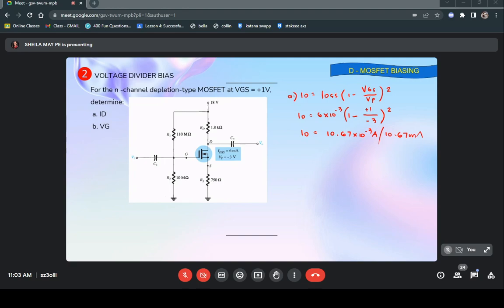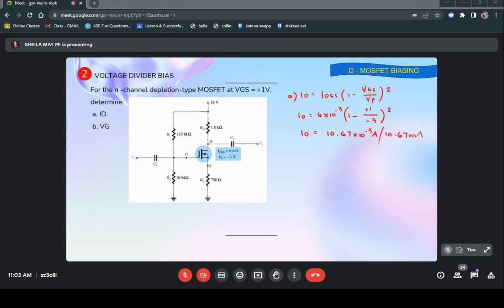That is ID. Next, we need to find VG. VG for voltage divider bias is R2 times VDD over R1 plus R2. So R2 is 10 mega. VDD is 18.